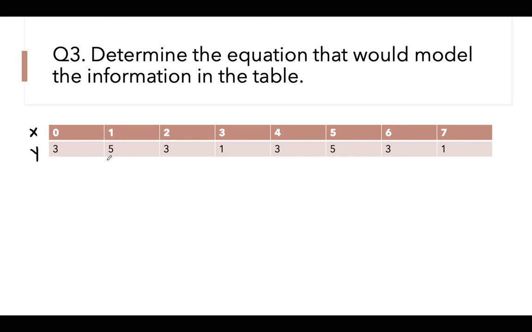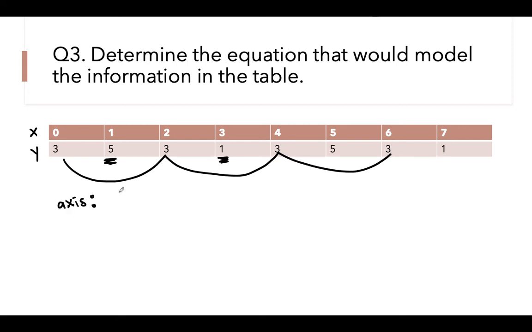You will notice that it is cyclic because it comes back at 3, and then comes back at 3, and then 3. So it looks like we have our highest point at 5 and the lowest point at 1. So first, let's find the equation of axis, which is maximum plus minimum divided by 2. So it's 3.